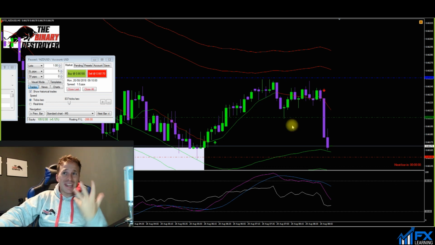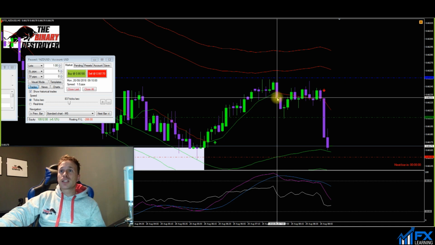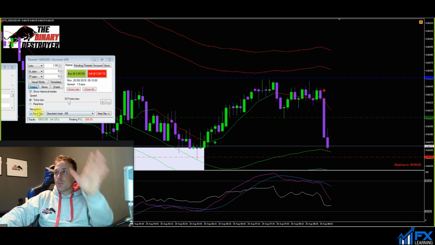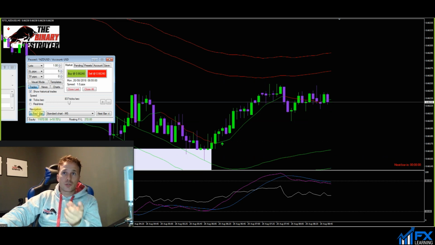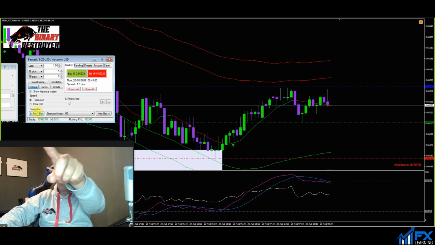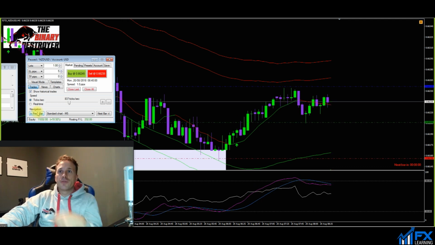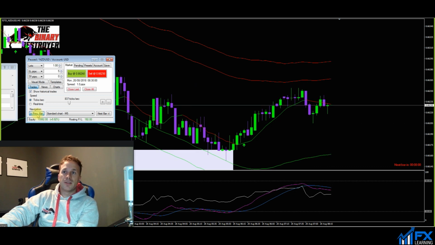For instance, here I would probably close this trade off. I'll give you an example: if this was live, I would tell you when I would close this trade off. It would probably be when we get a crossover of this MACD and RSI just here.